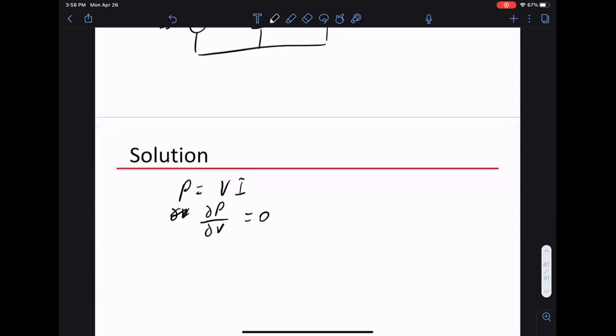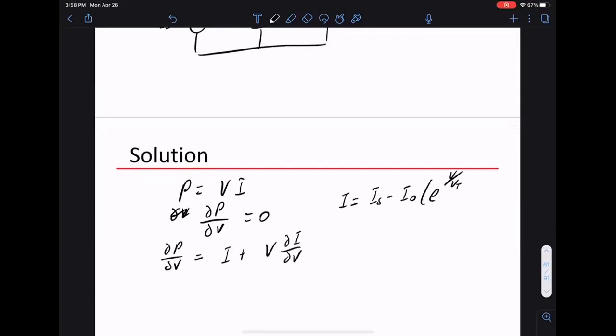So let's do this derivative. We use the product rule. This is the current plus V times dI/dV, where I is Is minus I0 e to the V over Vt minus 1. If you look at this equation, dI/dV is I0 over Vt e to the V over Vt.